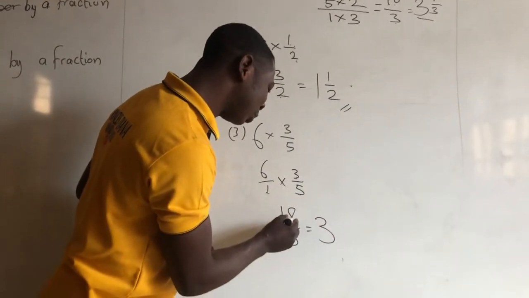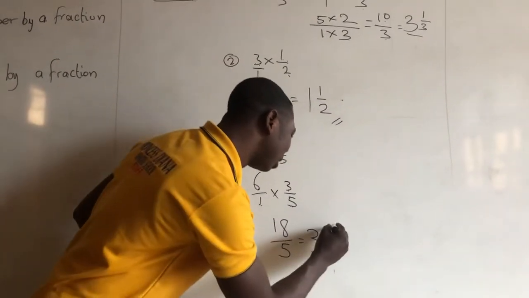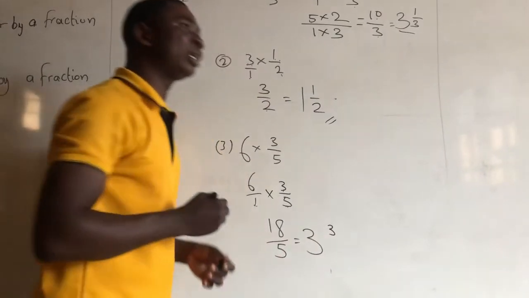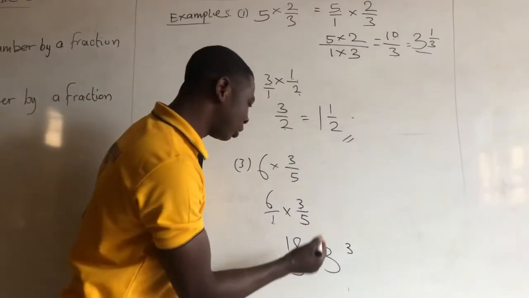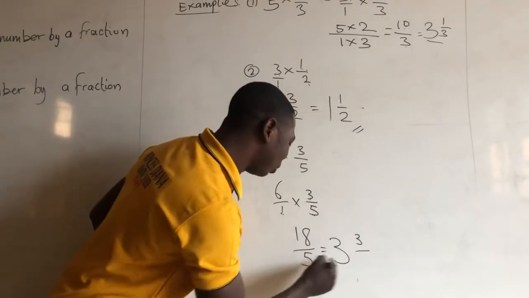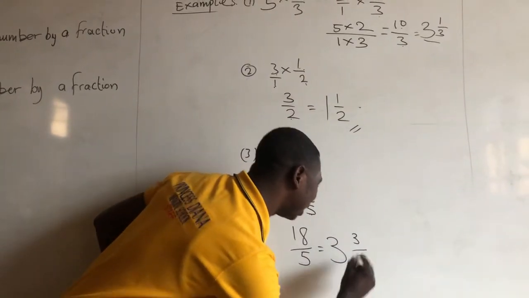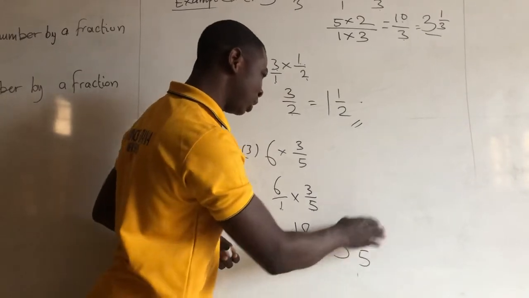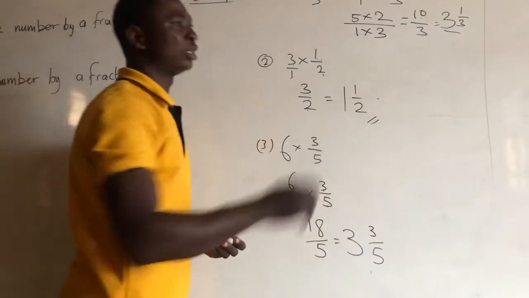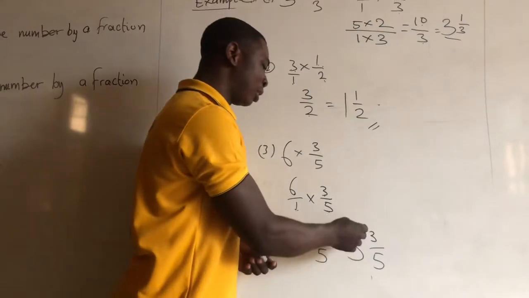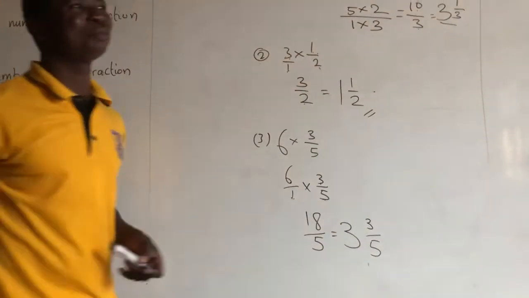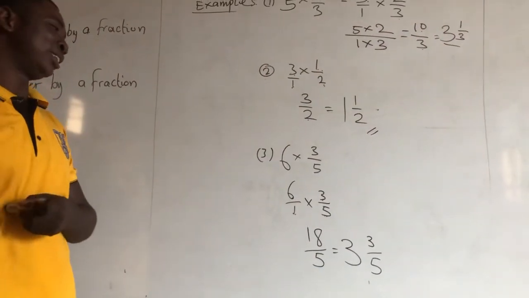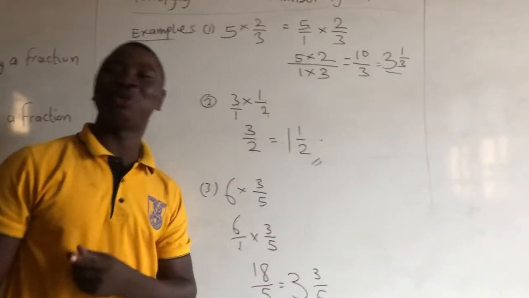So 18 minus 15 will give me 3. That's the remainder. So the remainder is 3, out of the denominator, which is 5. So the small boy will carry this one and go, and come again and carry this one. So this is 3 whole number, 3 out of 5.